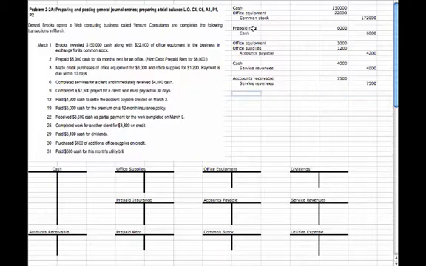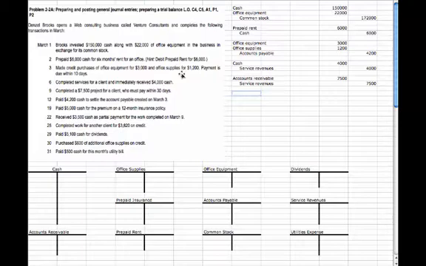The next entry, we paid $4,200 in cash to settle the accounts payable created on March 3rd. So this entry right here where we purchased the office equipment and supplies, we're now going to pay the $4,200. If we pay the $4,200, we're no longer obligated to pay it, so we're going to decrease our obligation, the liability of accounts payable.